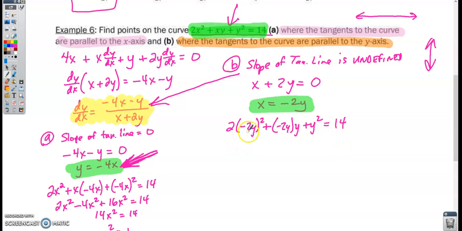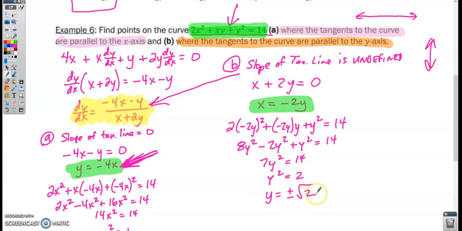That's 8y squared minus 2y squared plus y squared equals 14. So 7y squared equals 14. y squared equals 2. y equals plus or minus the square root of 2.